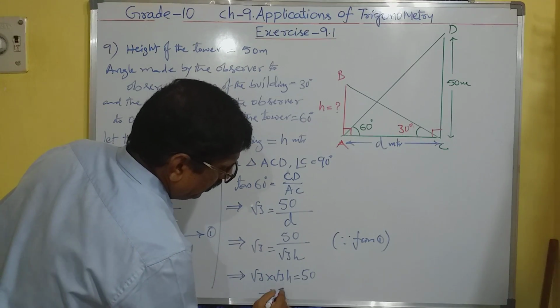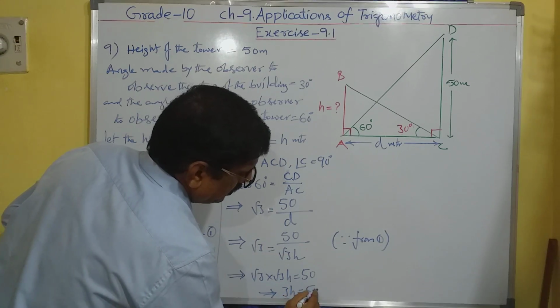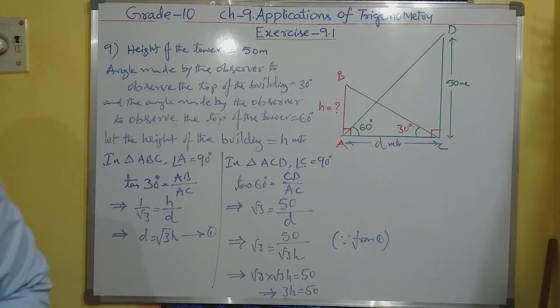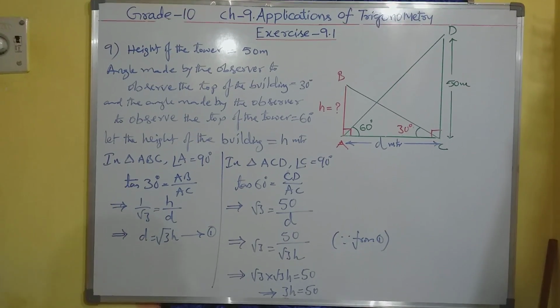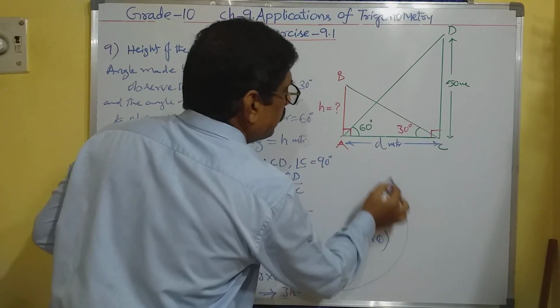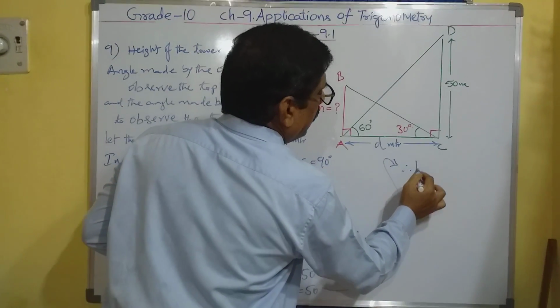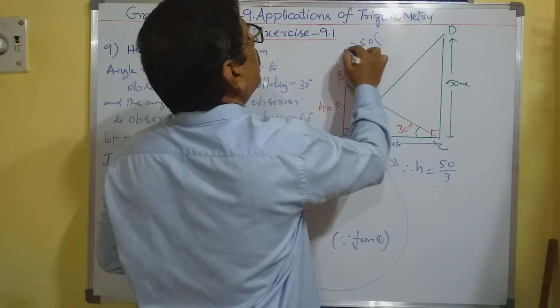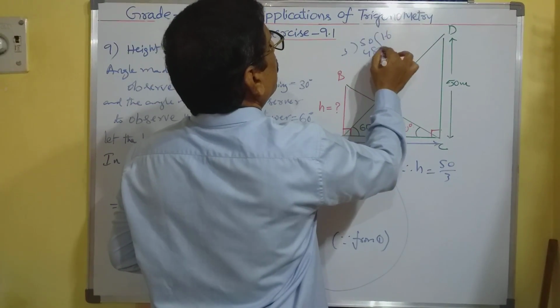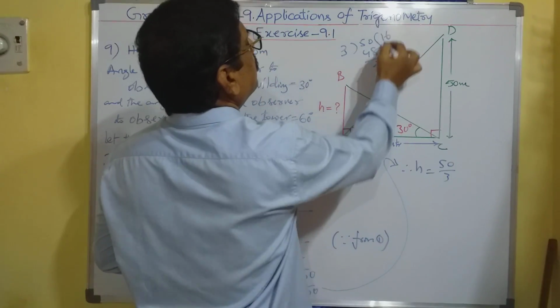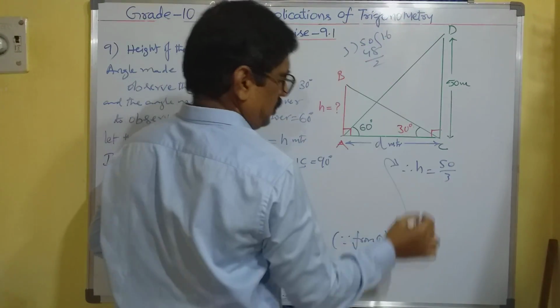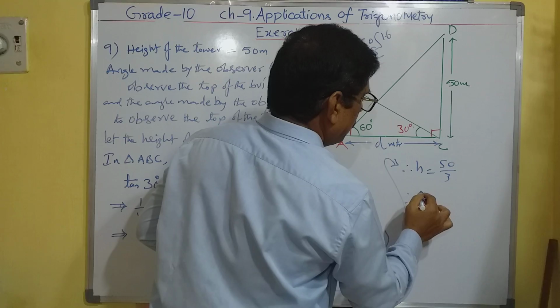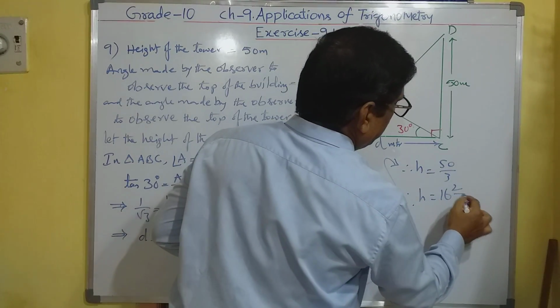Root 3 into root 3, 3H is equal to 50. Therefore, H is equal to 50 by 3. If you divide, so you get 16 2 by 3, mixed fraction. You can write like this. H is equal to 16 2 by 3.